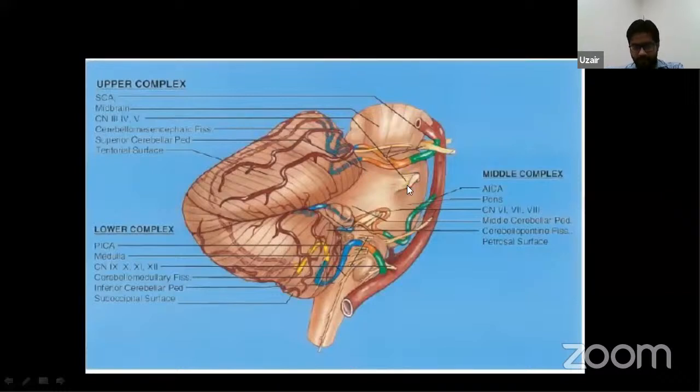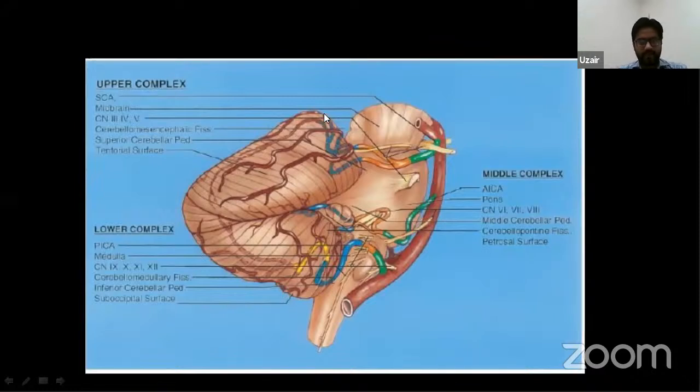Similarly, the pons is connected to the cerebellum with the help of the middle cerebellar peduncle, and the lower portion of the brainstem, the medulla oblongata, is connected to the cerebellum with the help of the inferior cerebellar peduncle. Each of these complexes has its particular arterial supply and cranial nerves along with it.